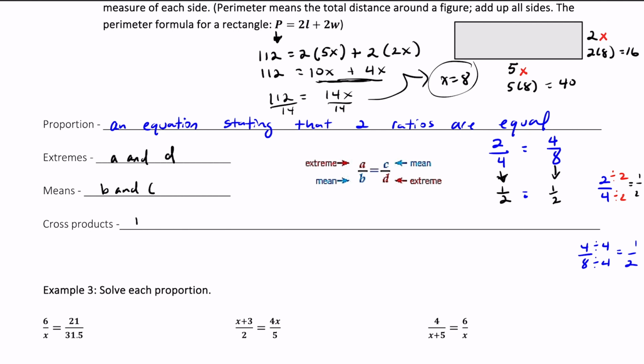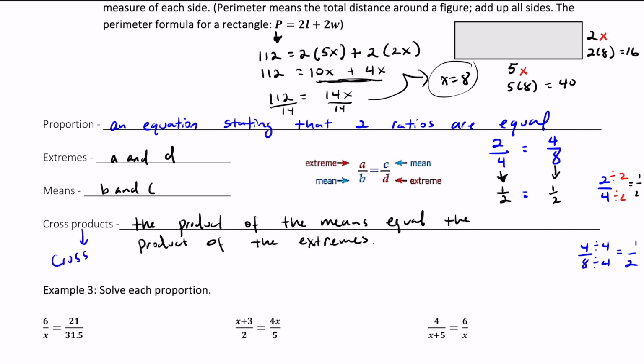You probably have heard of something called cross multiplication or the cross products. We say that the product of the means equals the product of the extremes. Basically, you're cross multiplying.